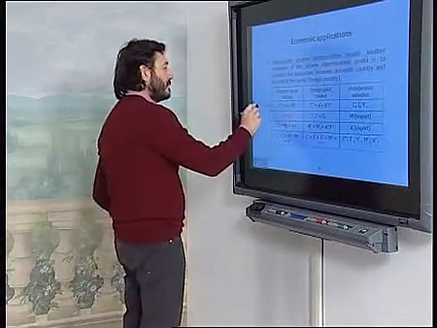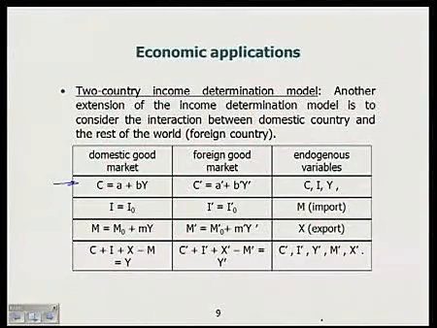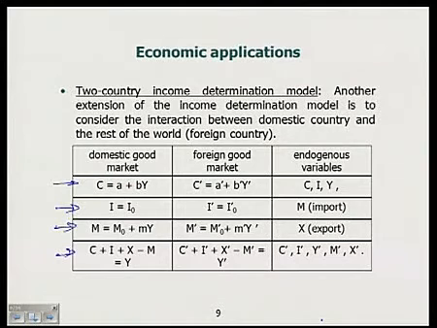First equation for the domestic goods market to evaluate capital C. Then the second equation, third equation, fourth equation. For the foreign goods market, we have different parameters. In the first one, we have A, B, then here we have A prime, B prime.